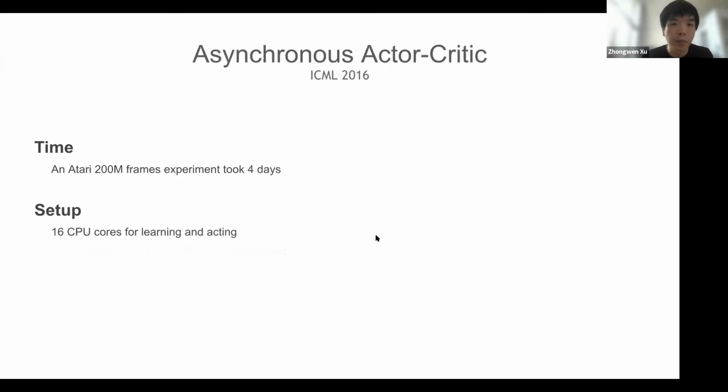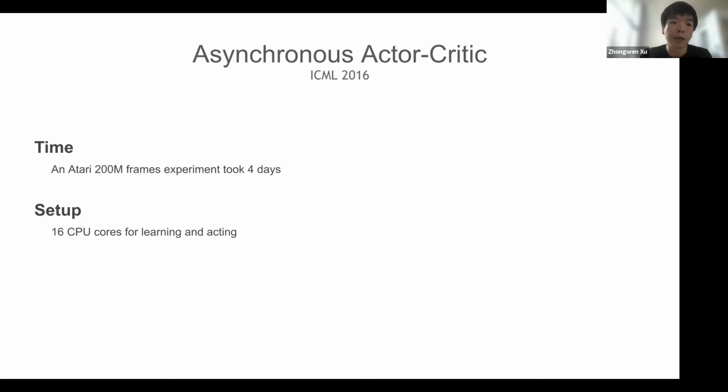People thought about various ways, including asynchronous actor-critic. It uses the actor-critic formulation implemented in an asynchronous way, using 16 CPUs for both learning and acting. It reduced the training time to 4 days, and also reduced the usage of GPUs.